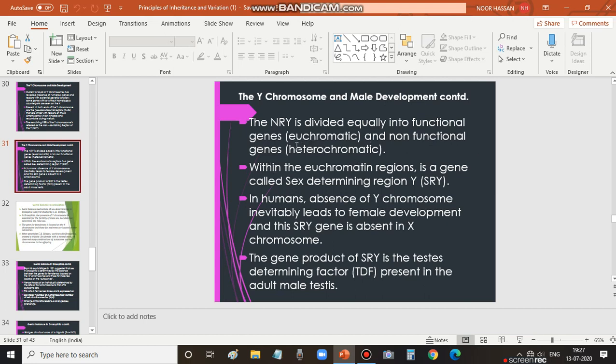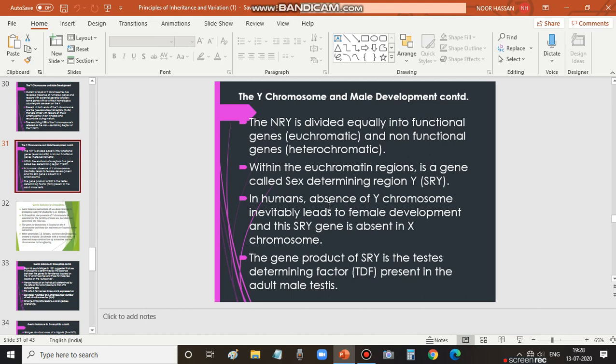Functional genes are referred to as euchromatic and non-functional genes as heterochromatic. Within the euchromatic region there is a gene called sex determining region Y, SRY.